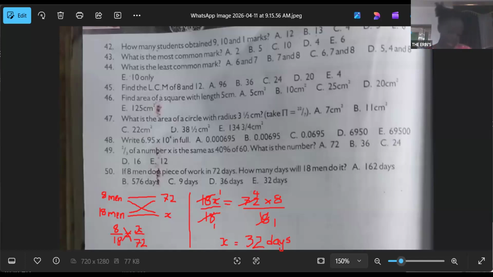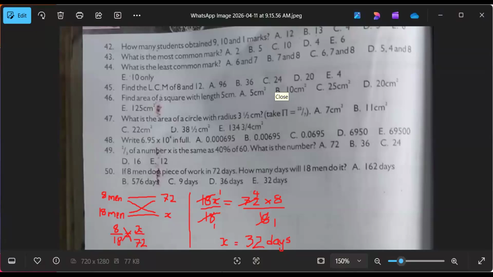Sir, good news. What's the good news? Let's hear it. The good news is that yesterday, the topic you taught us, we studied them. The essence is that we cannot forget them. Yes, excellent. I like that. I'm impressed.